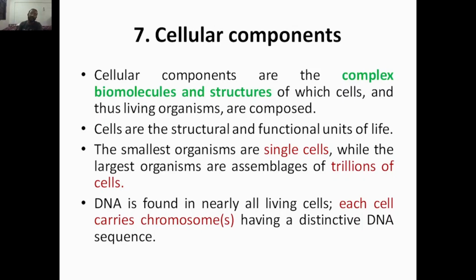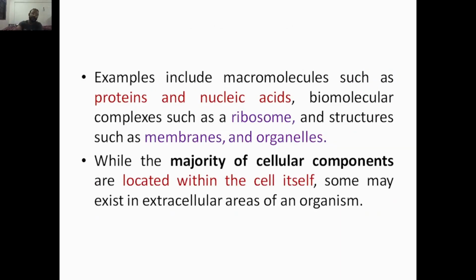DNA is found in nearly all living cells. Each cell carries a chromosome or chromosomes having distinctive DNA sequences, as we have studied in mitosis and meiosis. Examples include macromolecules such as proteins and nucleic acids. Under nucleic acids we have DNA and RNA. Then biomolecular complexes such as ribosomes and structures like membranes and organelles are all cell components.